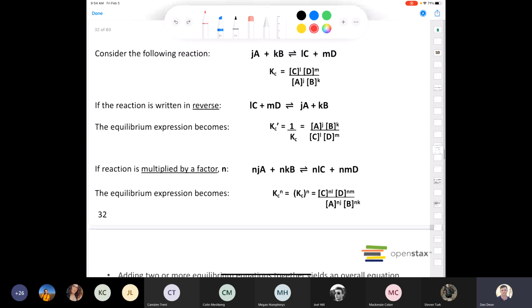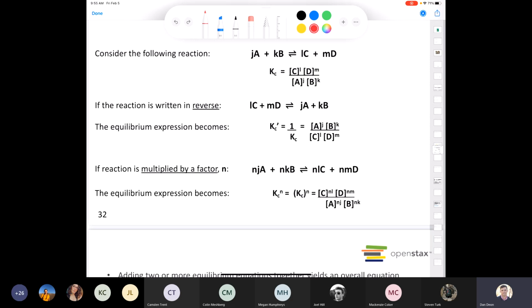The next one is, what if you multiply it by a factor of n? Well, if you multiply all the stoichiometric coefficients by a factor of n, say you multiplied them by 2, for example, then your equilibrium expression is going to be the Kc to the power of n, and that's going to be your new Kc. So if you multiplied it by 2, you would square your old Kc, right?